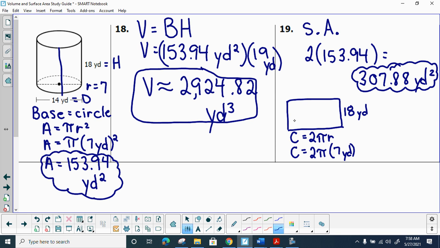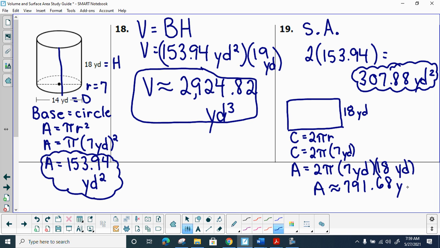Okay, so the area of that rectangle is its length, 2 pi times 7 yards times its width, which is 18 yards. And that area comes out to about 791.68 yards squared.